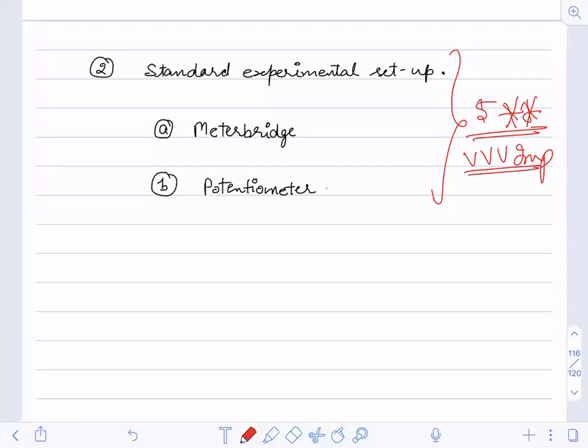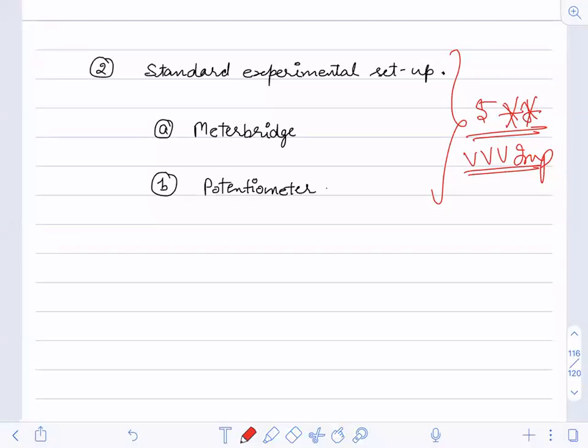Fine. So now we are going to study the meter bridge. This meter bridge is a device or experimental setup which is used to determine the unknown resistance.